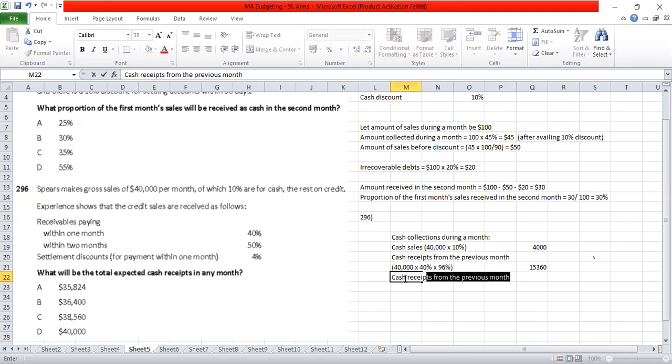So cash receipts from sales made 2 months prior. For them, it is 40,000 into 50%, which is $20,000.